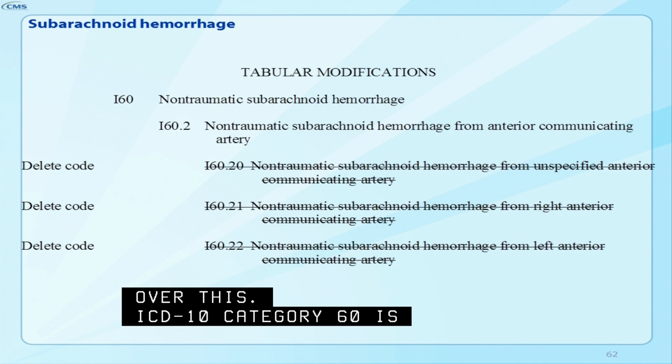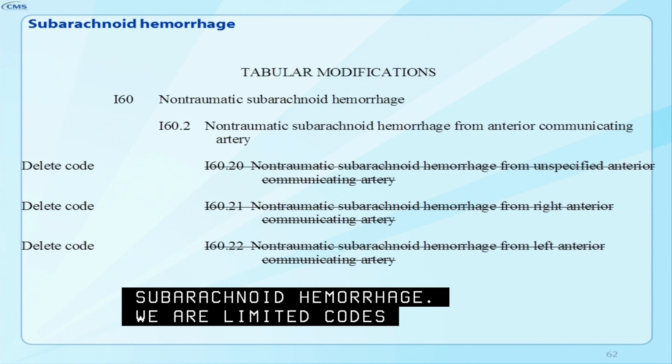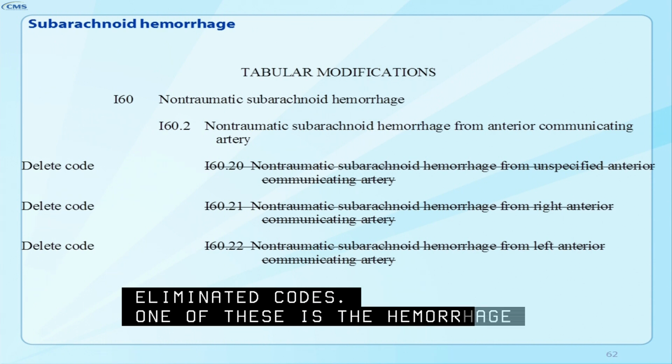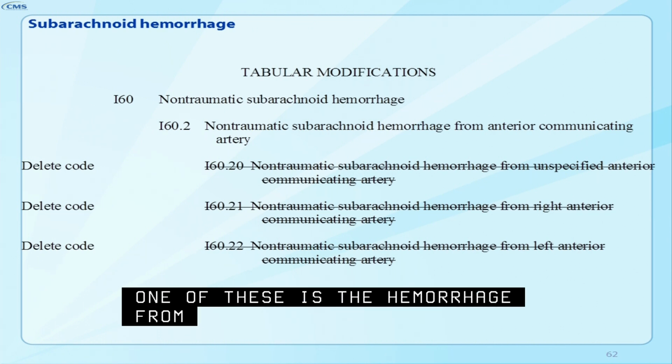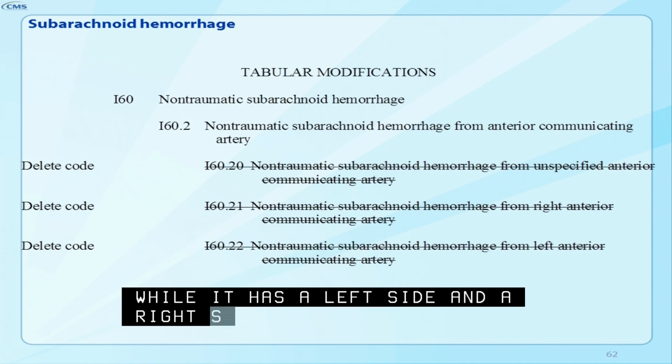One of these was for the anterior communicating artery, and it connects between the left and the right anterior cerebral arteries. While it does have both a left side and a right side, it's relatively short, and it's been suggested that the expansion to include laterality for the anterior communicating artery is not really needed. So it's proposed that the specific codes for it be deleted.